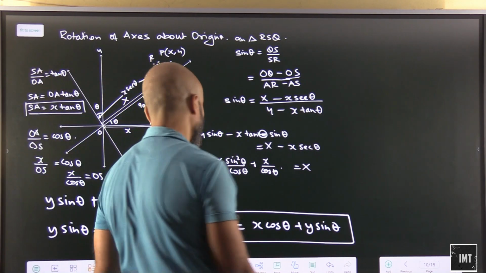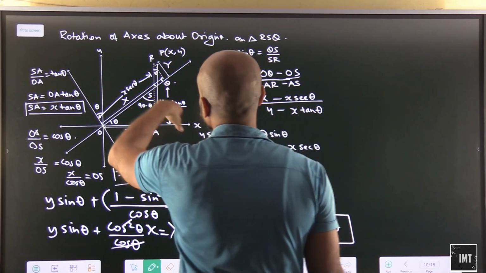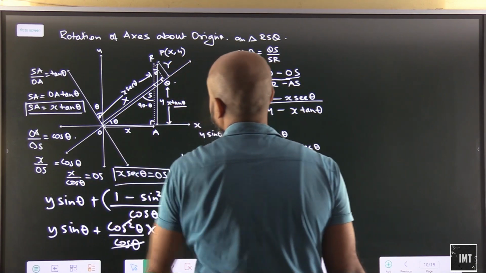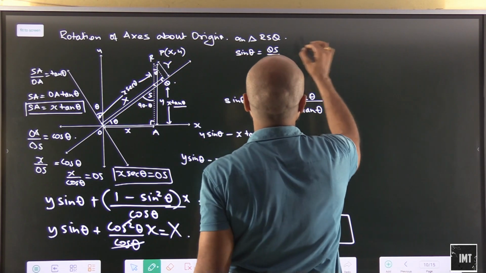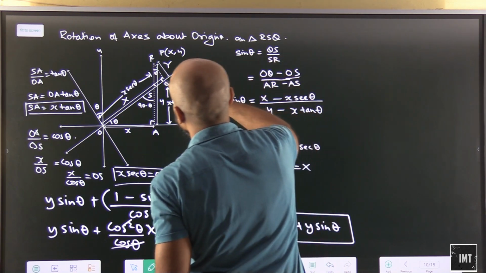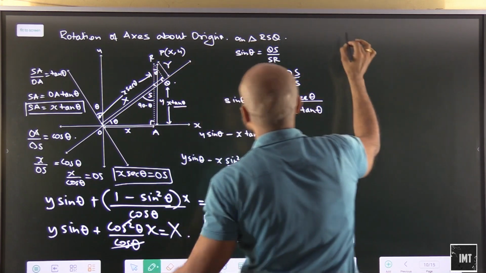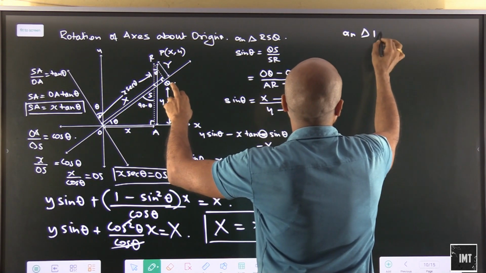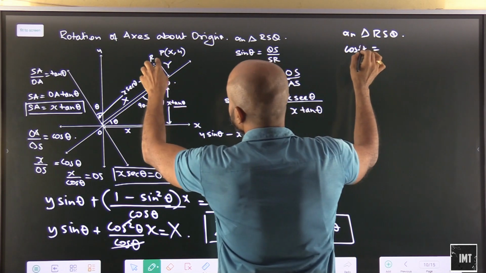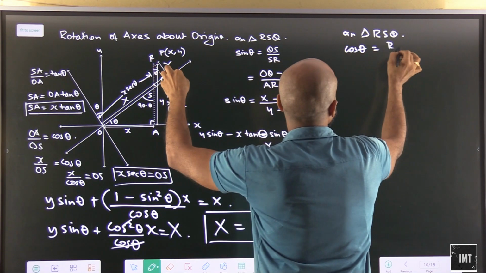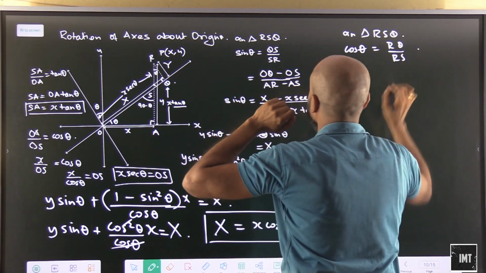In the same way we can calculate the value of capital Y as well. We take this theta in triangle RSQ: cos theta will be equal to RQ upon RS.